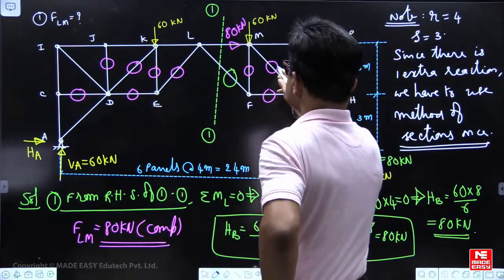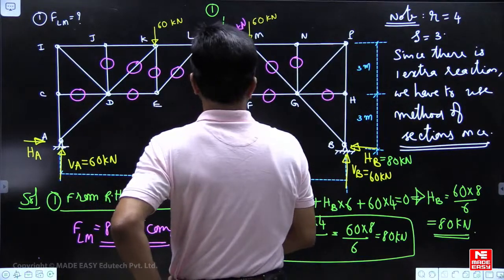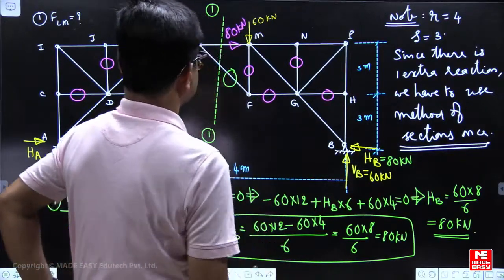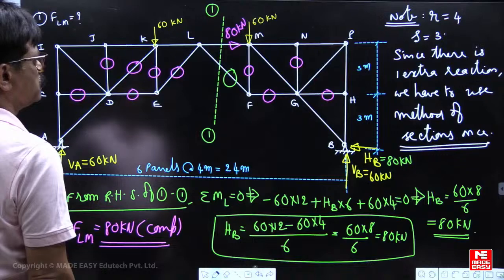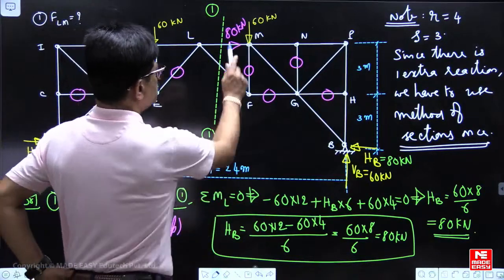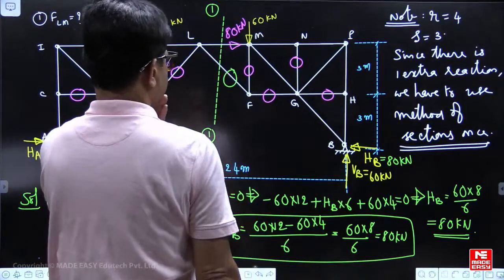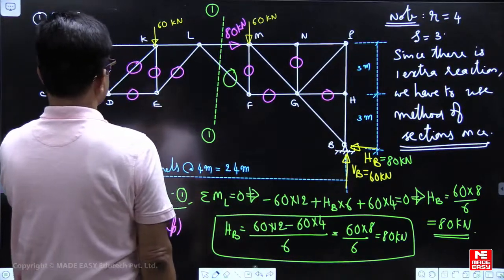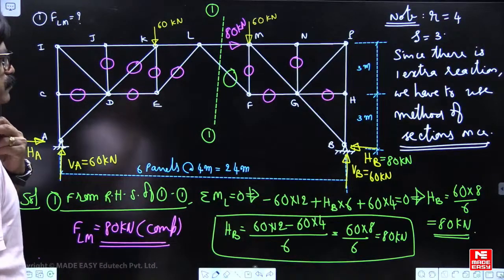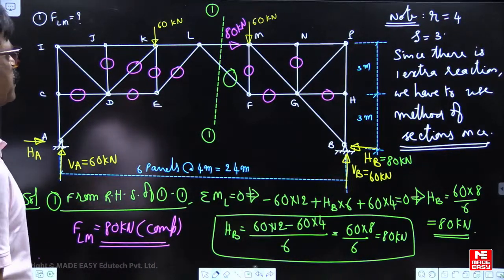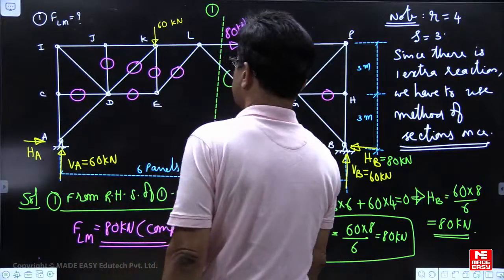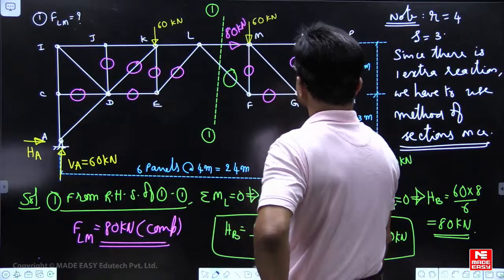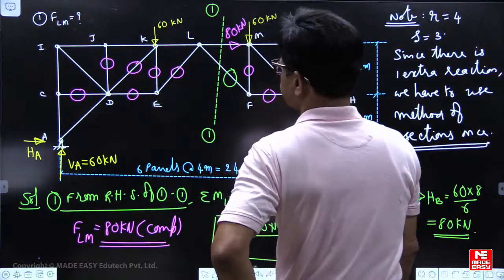This 60 must be resisted by this one. We cannot say that it is 0. One, two, three, 4 are there, so we cannot say that. Three, 6, 5, fine.